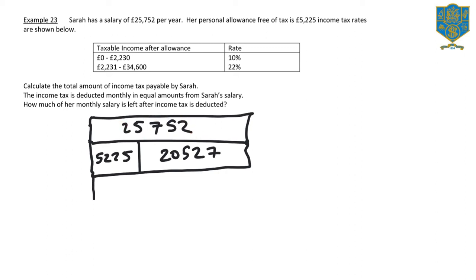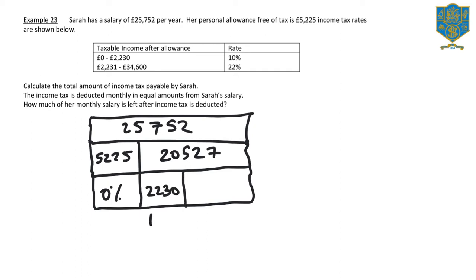Now, within the taxable amount, so the 5,225 is 0%, what we have is that the first £2,230 is going to be taxed at 10%, and the rest is going to be taxed at 22%.